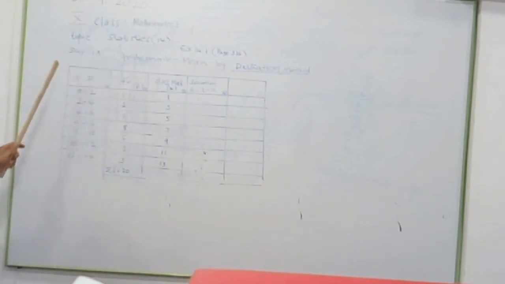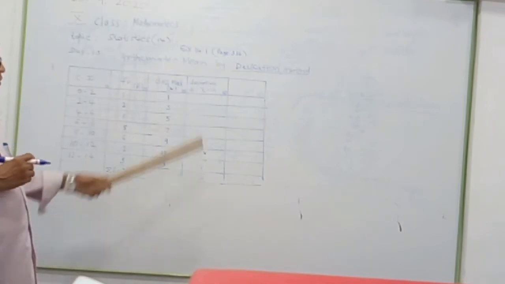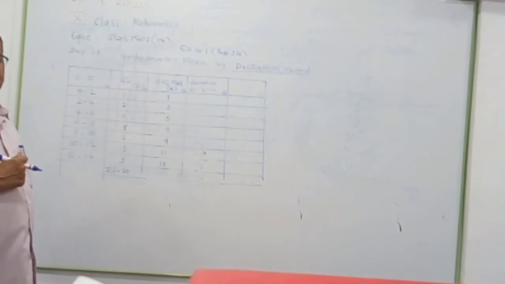You see, the problem is the same. They will give a table, class interval and frequency. This is the group of data, and we have to find the arithmetic mean by deviation method.